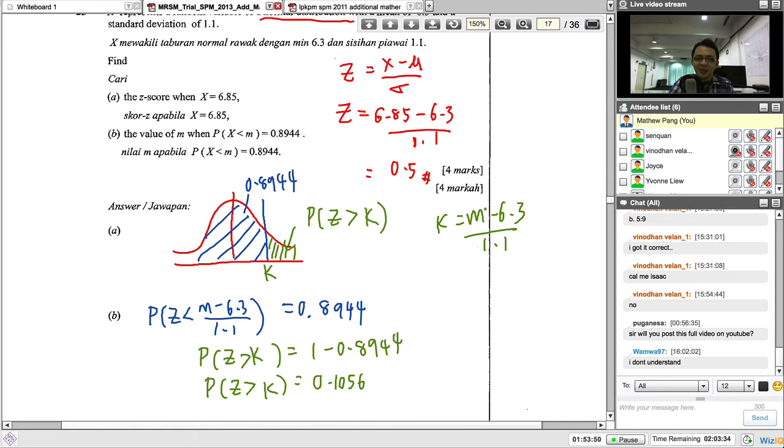Later only we substitute back here. Then we have to find the table. I hope I have the table over here. I just haven't prepared the table. Let me see, do we have a table in the past year question?